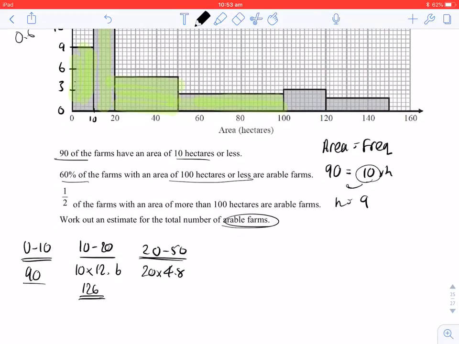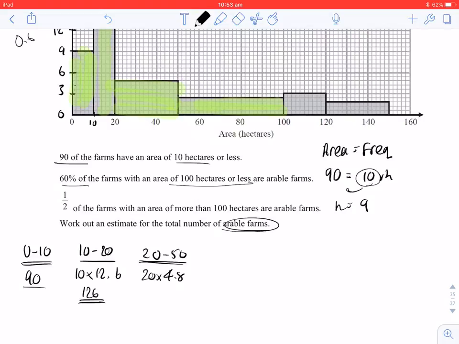And so times those together, sorry, it's not 20 at all, it's 30. 30 times 4.8 is going to give us a frequency of 144. And then from 50 to 100, the width of the bar is 50, the height of the bar is going to be 2.4, and so we're going to get 120 farms there.